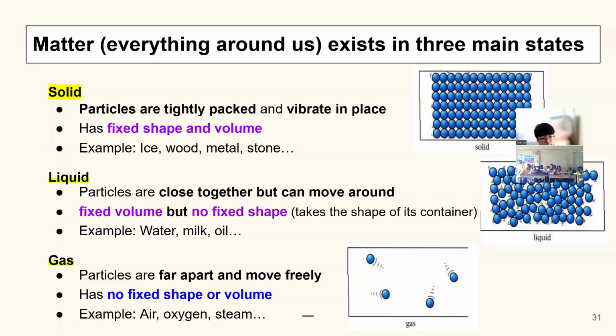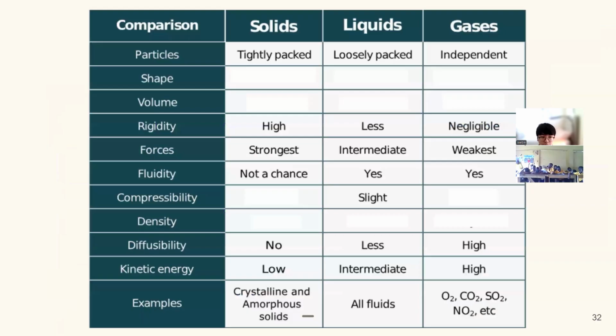So gas has no fixed shape and no fixed volume. Examples of gases are things like air, oxygen, steam, etc. Okay, so these are the three types of matter and some of their properties.